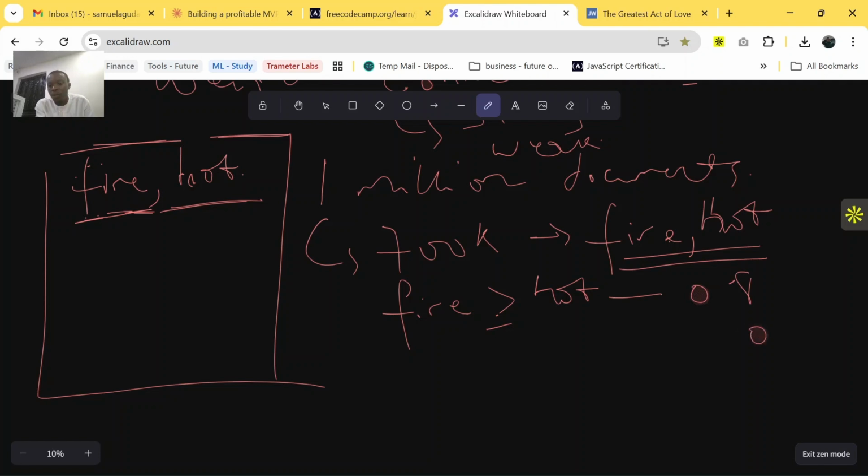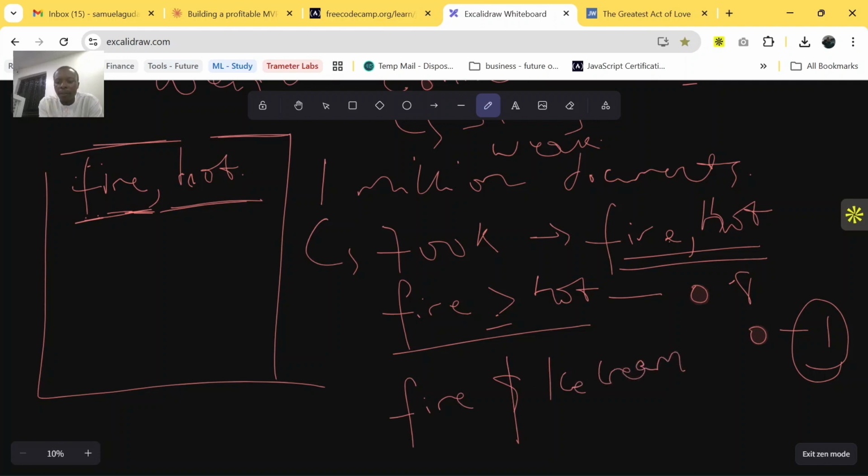We only measure between 0 and 1. So 0.8 means it's on the high side. The weight between fire and hot is on the high side. On the flip side, if the model sees words like fire and ice cream, the weight for this can be something like 0.05.